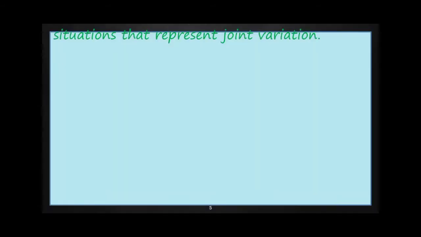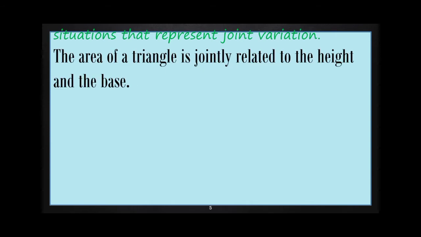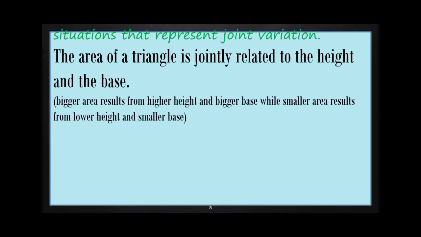So let us have some situations that represent joint variation. The first one is the area of a triangle is jointly related to the height and the base. So this means that bigger area results from higher height and bigger base, while smaller area results from lower height and smaller base.